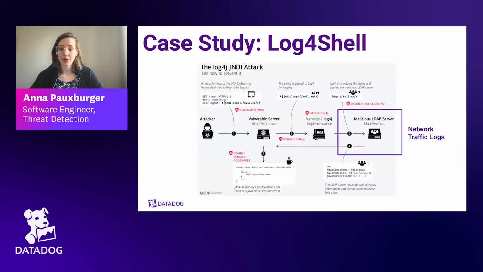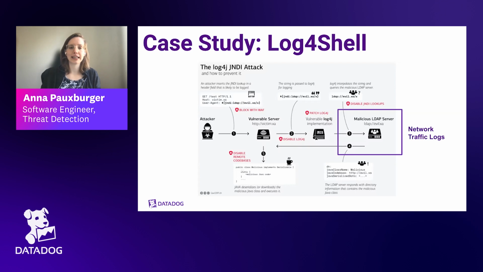Now, why do we care about network flow logs? Some of you might remember that last December, a zero-day vulnerability was found in the Log4j library, or more recently, also in the Spring Java framework. I'll go through the steps of a potential exploit of that vulnerability at a high level, and then I'll highlight where the network flow logs could be useful.